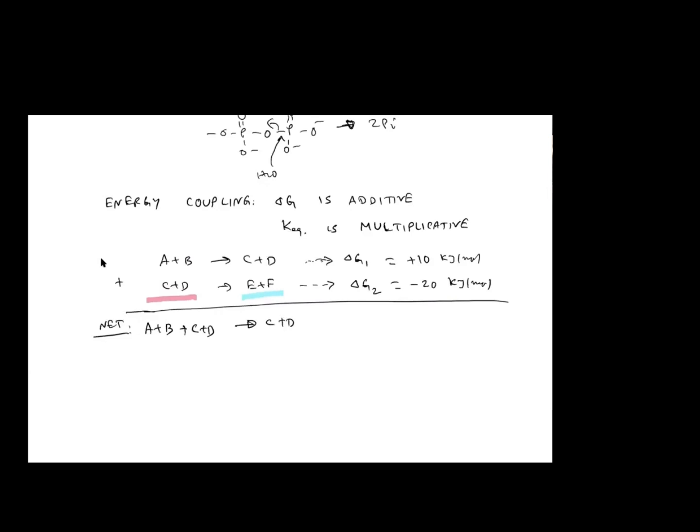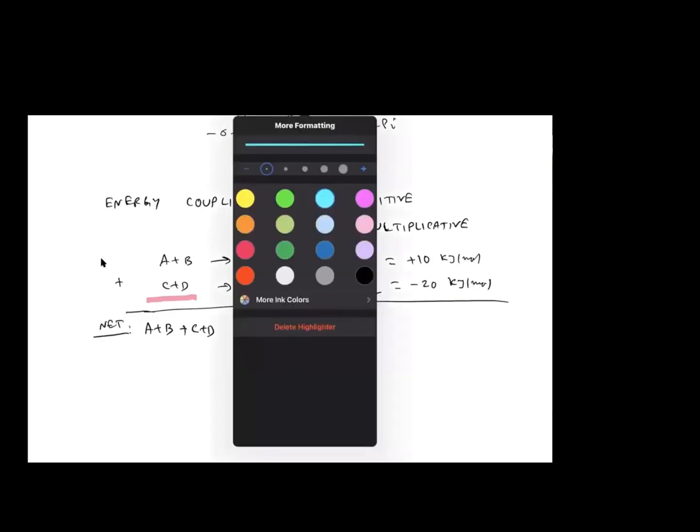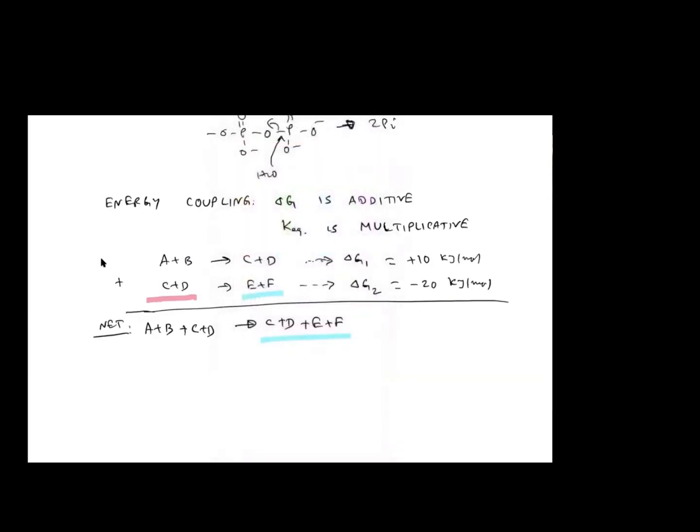And on the right side I have C plus D plus E plus F. Now if I add the equations, I must also add the numbers, right? So the delta G I'm going to get is going to be plus 10 plus minus 20, right? Yes or no?